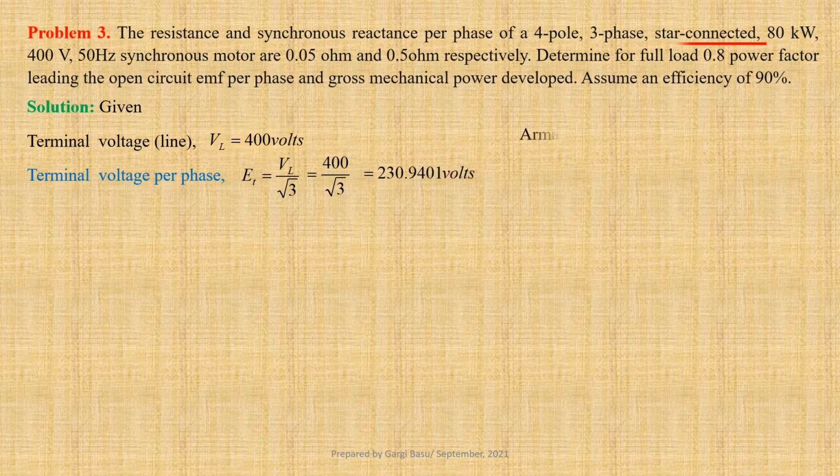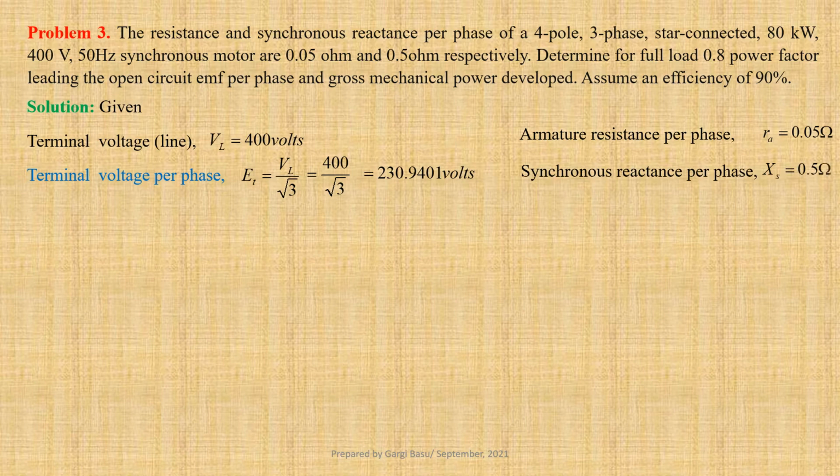Given armature resistance per phase Ra equals 0.05 ohm and synchronous reactance per phase Xs equals 0.5 ohm. Operating power factor cos phi equals 0.8 leading.